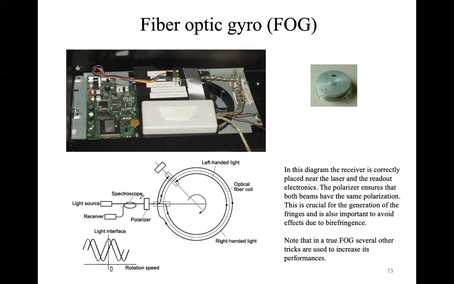So the difference between the ring laser gyroscope and the fiber optic gyroscope is also that you have a polarizer before the beam splitter. So the two beams are at the exact same polarization, and that will be clear when we discuss how the number of fringes is computed for the fiber optic gyroscopes. You have to be careful, as this is one of the main differences.